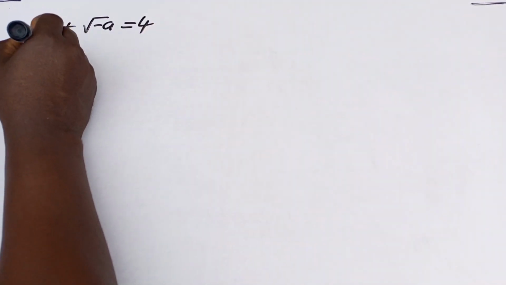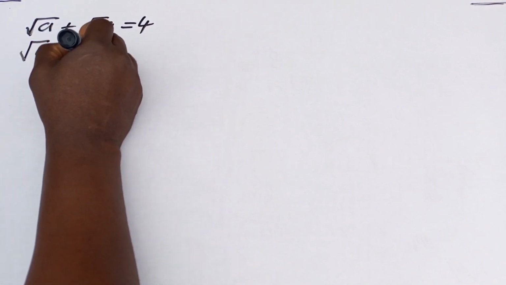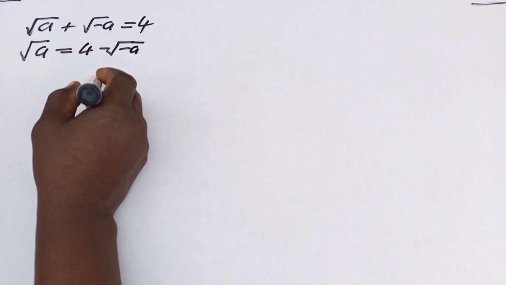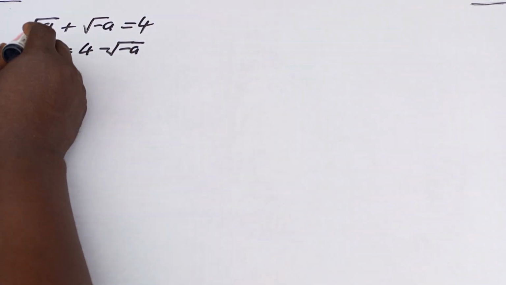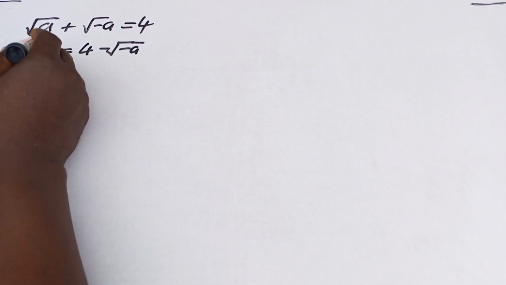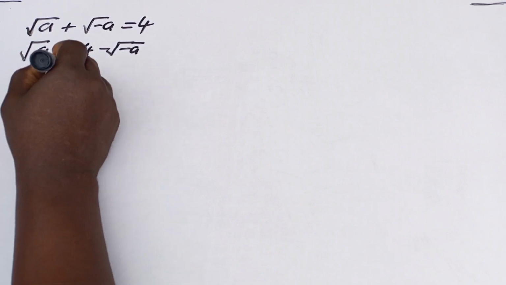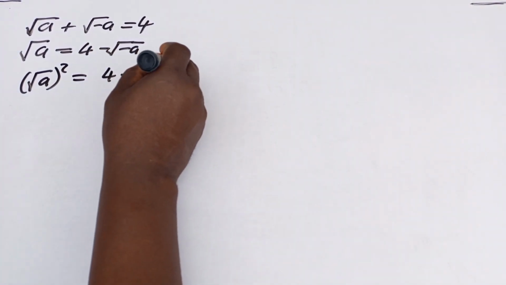So we have root of a equal to 4 minus root of negative a. Let us remove the square root sign on the left hand side expression, so we have to square both sides. If we square the left hand side, we also have to square the right hand side.